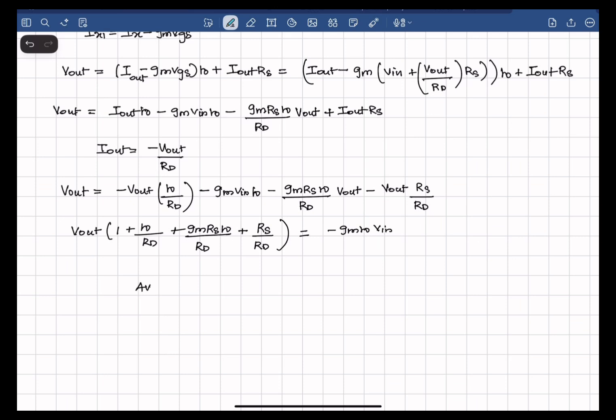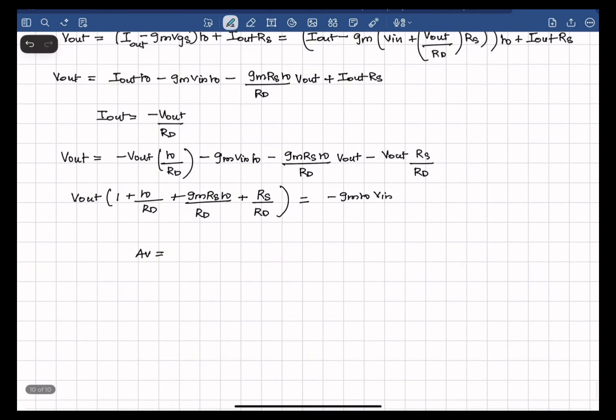Thus, the voltage gain Av is given as minus Gm Ro divided by RD plus Ro plus Gm Rs Ro plus Rs.